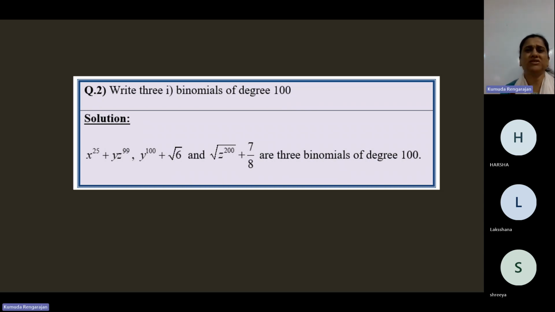So don't think why she's saying. It's just to have a better idea. All right. So you can see binomial of degree 100. Easily you can write the example. Degree should be 100, no? So x to the power 100 plus 5. Finished. Yes or no? So I have given different examples like this using more than one variable just for better understanding.